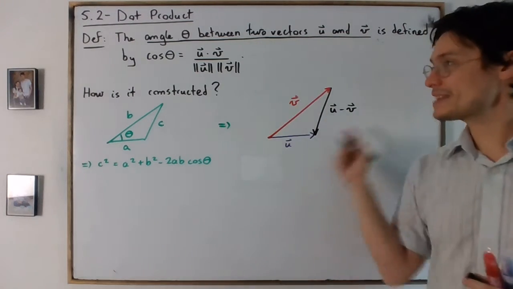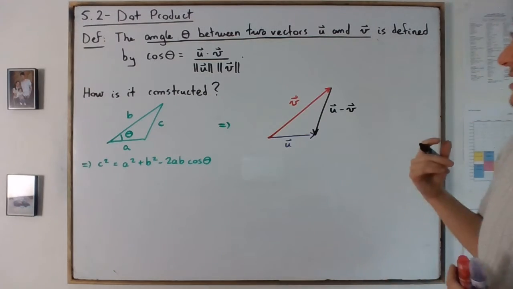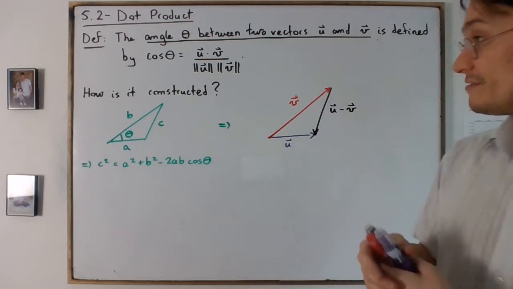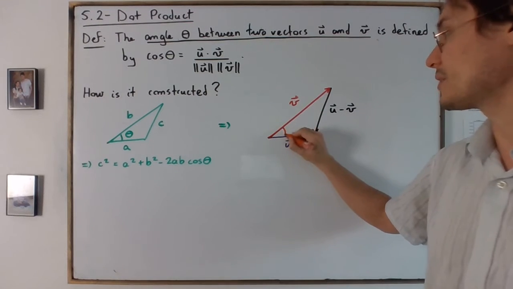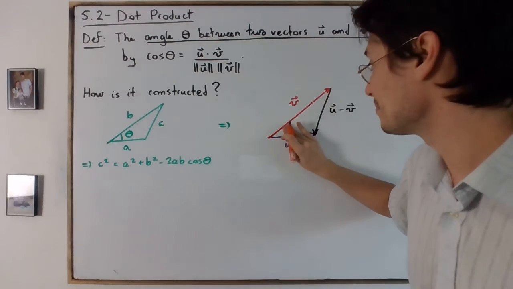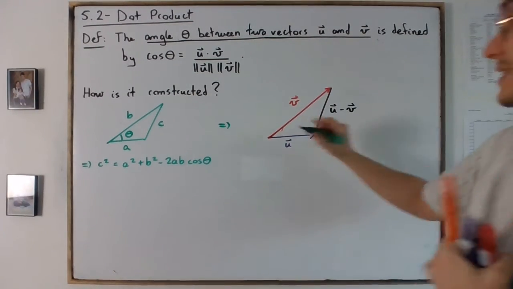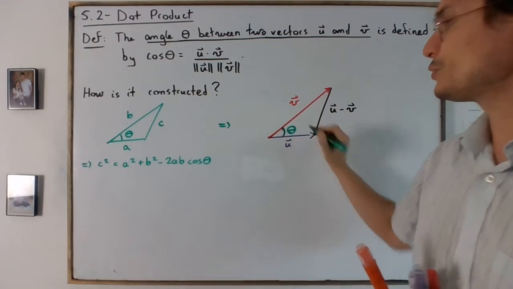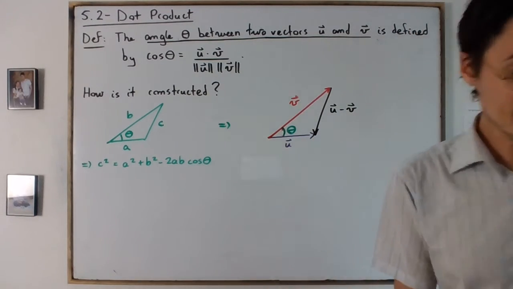So we take this triangle, and the angle between the vectors u and v is going to be this angle over here. Let's color code it in green. We want this law of cosines to be satisfied for these three vectors. So what do we want?